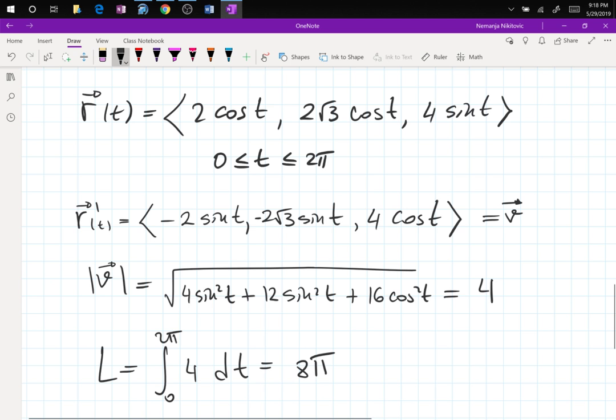Now, there's one more that we want to cover, and it's a good one. That's going to be the polar form.